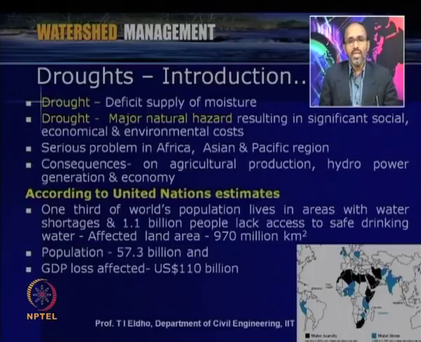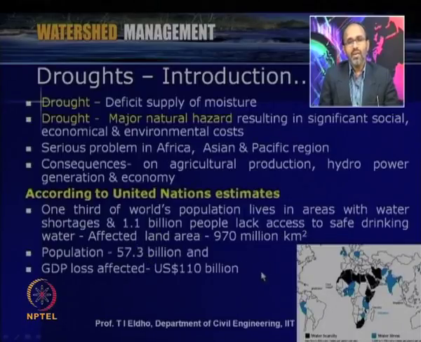According to United Nations estimates, about 1/3 of the world's population lives in areas with water shortages. That means in many parts of India, China, Africa and South America, water stress areas are there, and even 1.1 billion people lack access to safe drinking water.